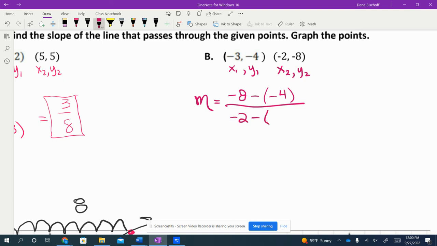Minus x1. What number is that? So I have some negatives right in a row, right? Minus a negative turns into a great big plus. This minus a negative turns into a great big plus. So what is -8 plus 4? -4. And what is -2 plus 3? It's 1. So my slope is -4 over 1.